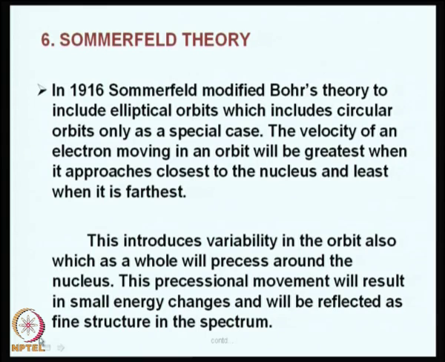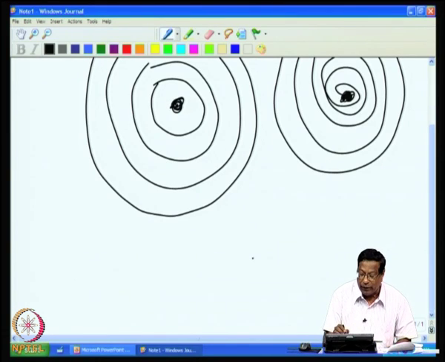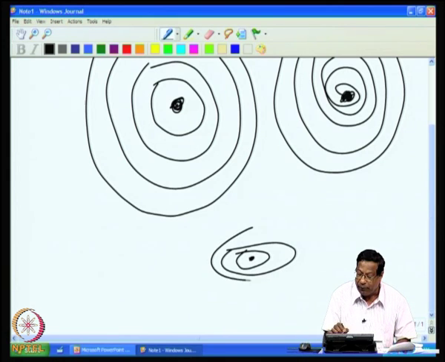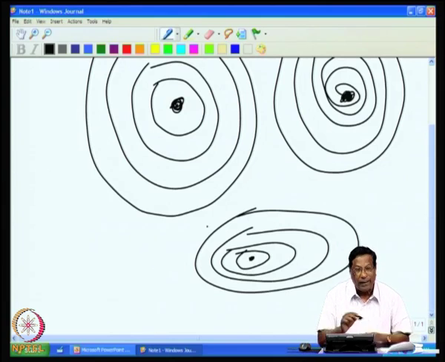So, somewhere around 1916, Sommerfeld modified Bohr's theory to include elliptical orbits, which include circular orbit as a special case. Now, you know what an ellipse is. Here is the nucleus, here is the first orbit, and then second orbit, third orbit, fourth orbit, like that.